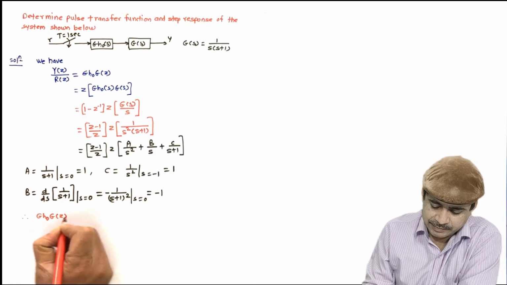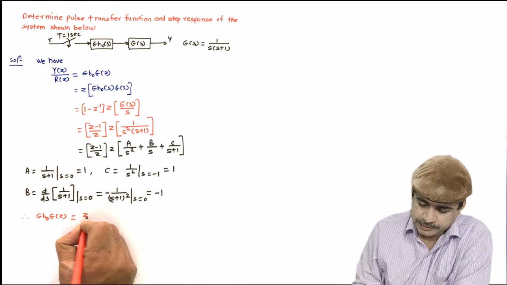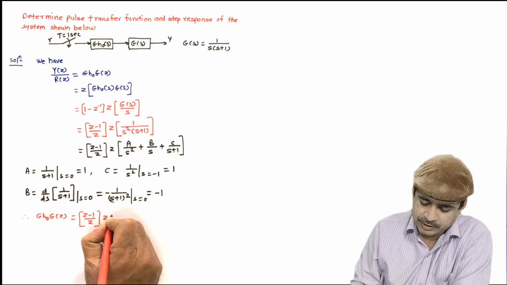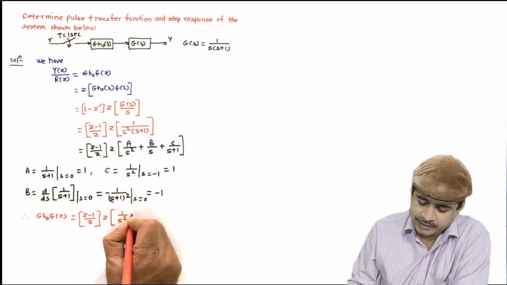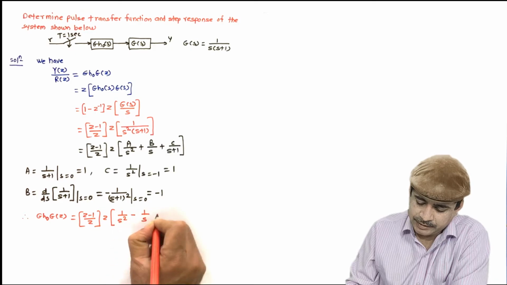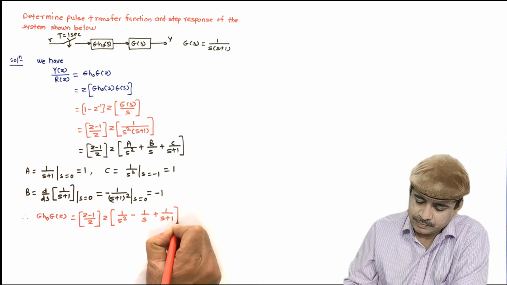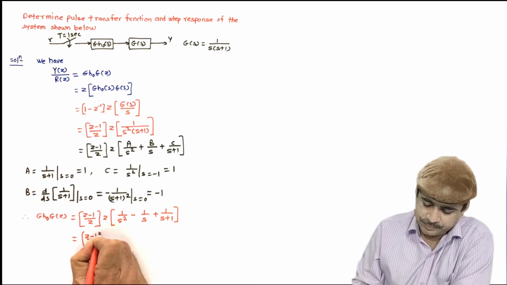And so GH0 G z is equal to z minus 1 by z into z transform of, A is 1, so 1 by s square minus 1 by s plus 1 by s plus 1. And that is equal to z minus 1 by z.